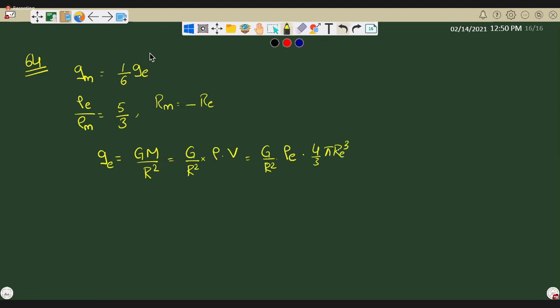So this gets cancelled. This is G rho e 4/3 pi r. Correct. So now see, gE is directly proportional to rho e and RE. You got your relations? Yes, sir.